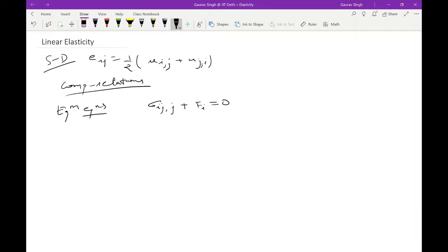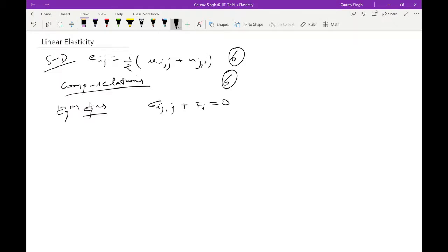Remember, there are 6 strain displacement relations, just because E21 would be the same as E12. So we don't have 9 but 6 strain displacement relations.